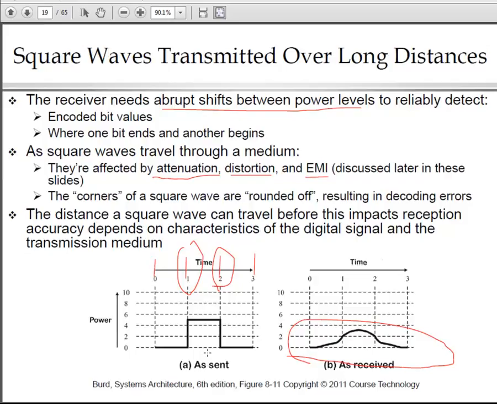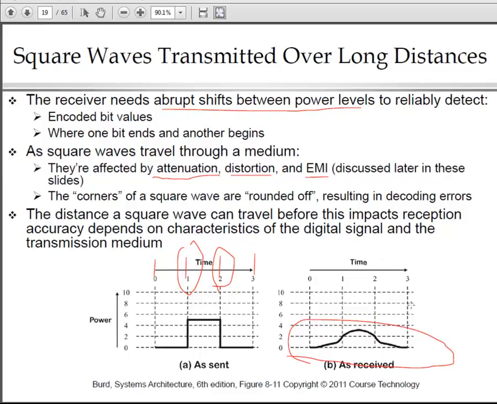So note that we're not holding 0 here now for the entire first clock tick. It starts at 0, but by the time we get to the end of the clock tick, it's almost up to 2. Note now that in the middle of the second clock tick, the peak is no longer at 5. It's down around 2.5, 2.6, something like that.